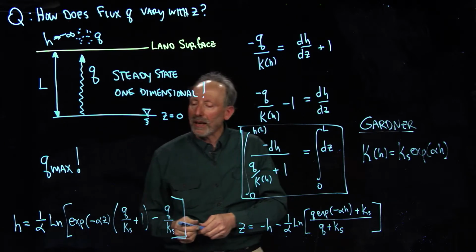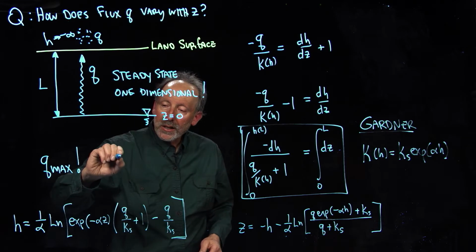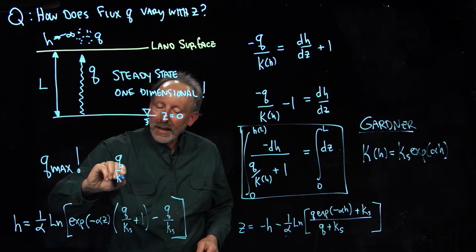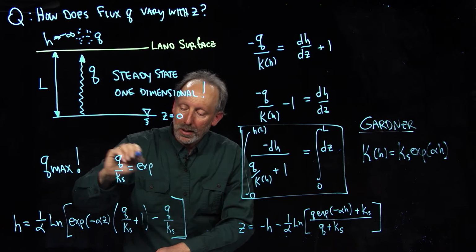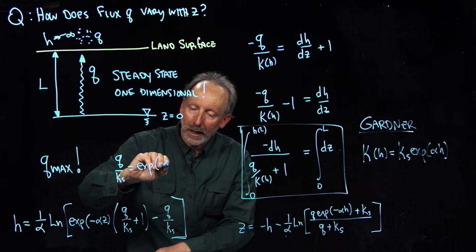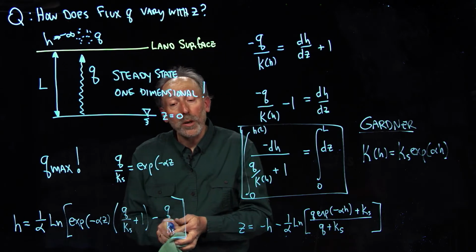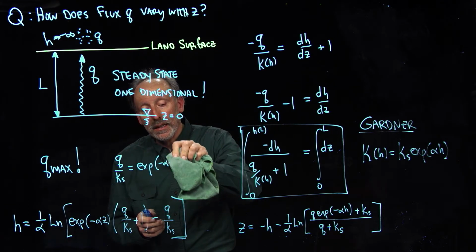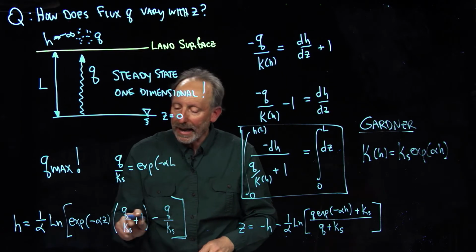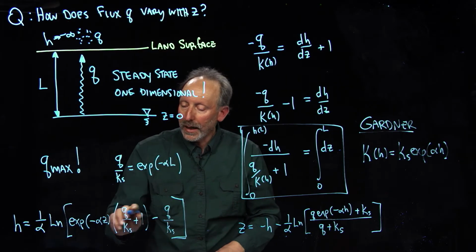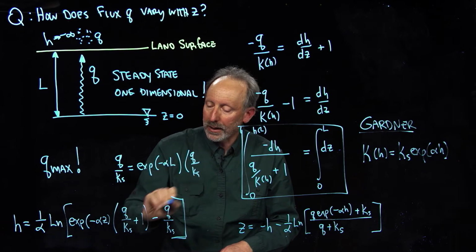And so what does that tell us? It tells us that this equals this. So we have Q over Ks equals the exponential of minus alpha z. And by the way, we're working specifically at the surface of the soil, so that is actually going to be a very specific depth. That's going to be L. And times Q over Ks plus 1.